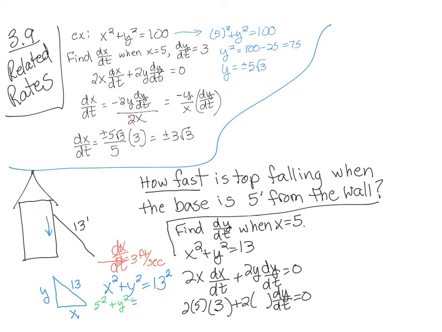Go back to the green. 169, take away 25, is 144. So you see that if x is 5, y is 12.